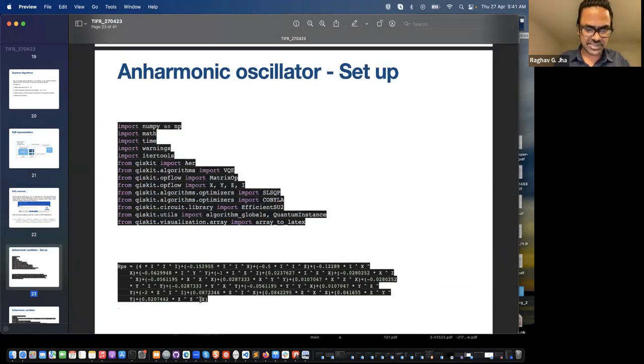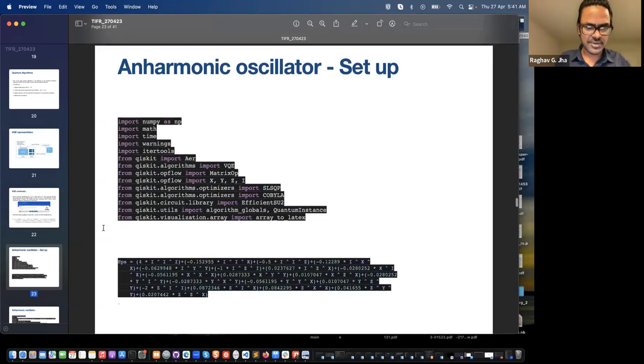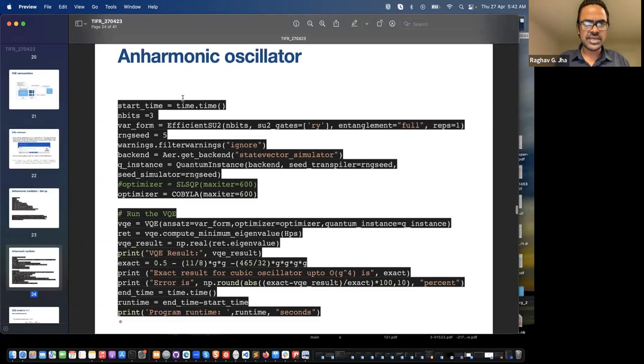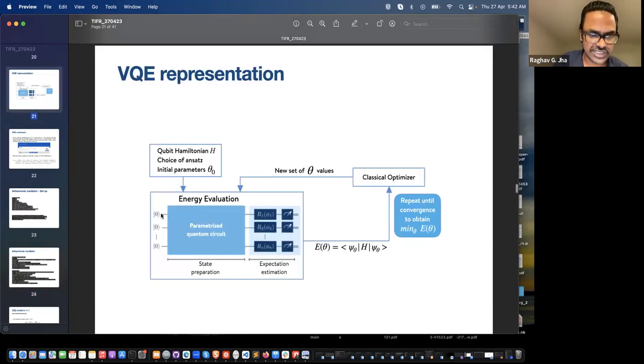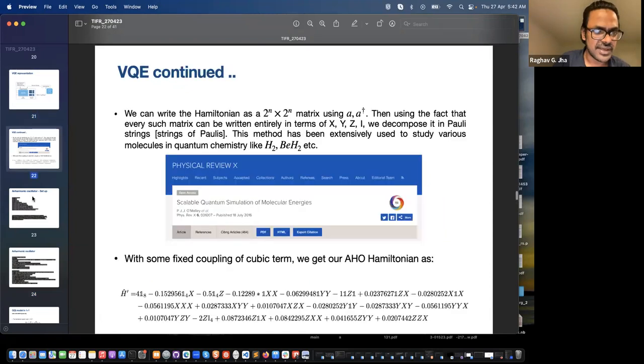This is the Hamiltonian I just mentioned, represented in terms of X, Y, Z, and I. The important step is that we have to prepare some ansatz, and for that we used an ansatz already given in Qiskit, called the EfficientSU2 ansatz. You give it the number of qubits. We have an 8 by 8 Hamiltonian, so the number of qubits is 3, and it will create an ansatz of 3 qubits. For example, these here will be 3 zeros, so it's a 3 qubit.